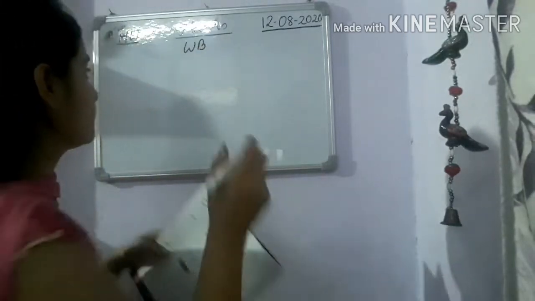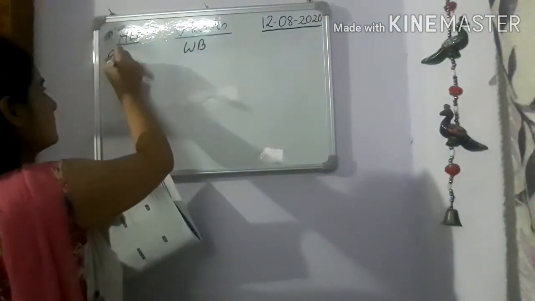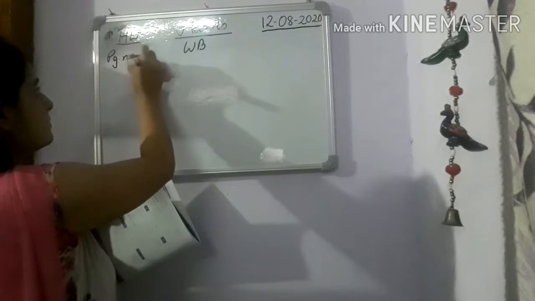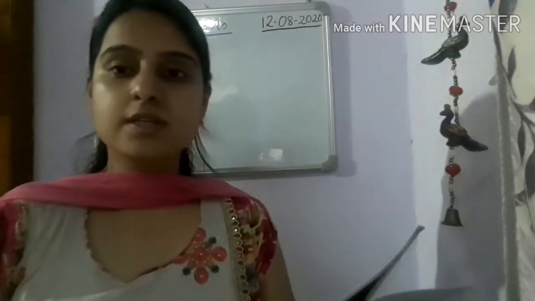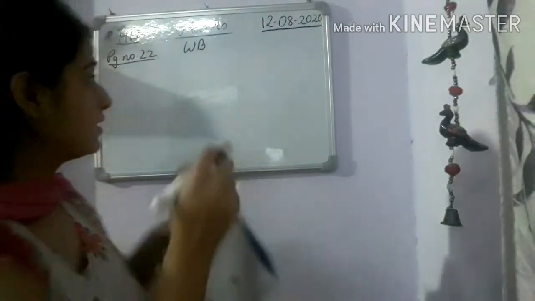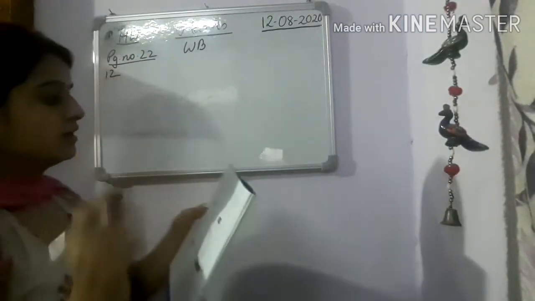So children, let's discuss your today's homework. Take out your workbook, page number 22. Now children, the first question, number 12. What is the sum of 1 and 4?